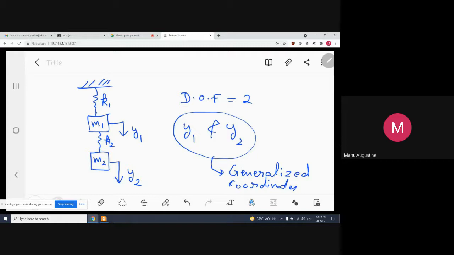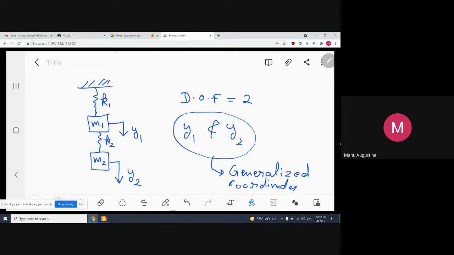Okay. Now, to go for the similarity in the definition of generalized coordinates and degrees of freedom, you can say that if a system has, let us say, 2 degrees of freedom, then the number of generalized coordinates would indeed be equal to 2, neither less nor more. So the number of generalized coordinates is nothing but equal to the number of degrees of freedom. But generalized coordinates as such have to be mentionable variables or parameters with proper notation: y1, y2, theta 1, theta 2, theta 3, beta, gamma, something like that.